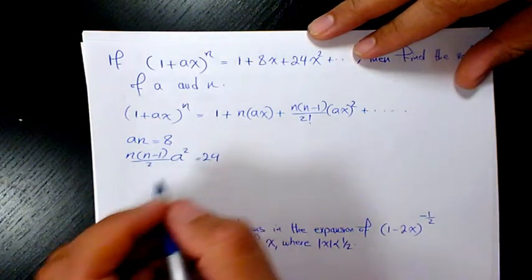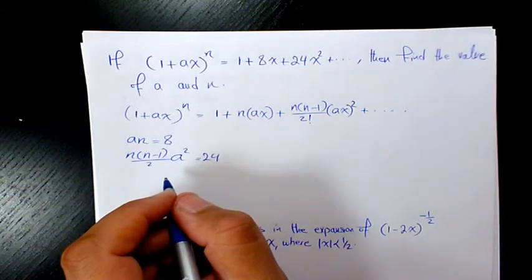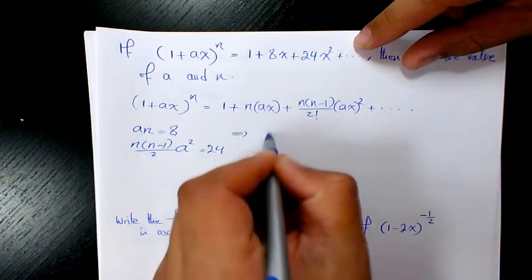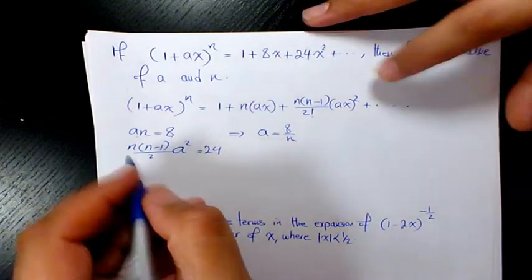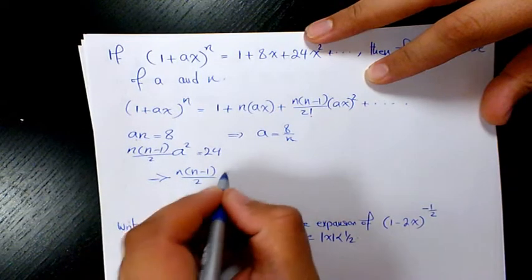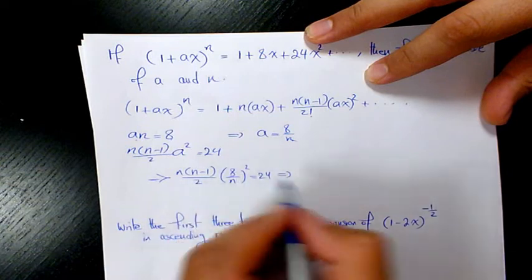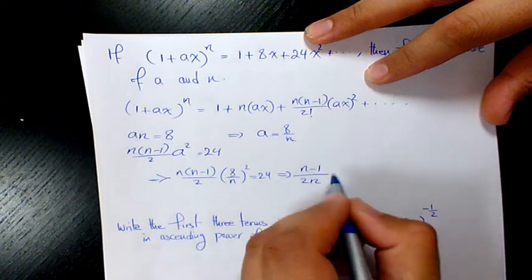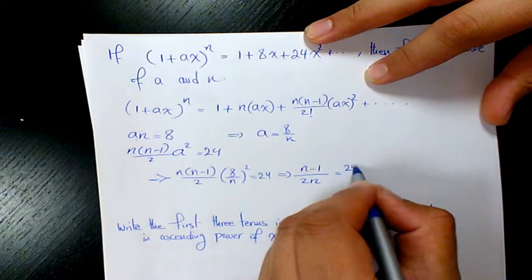So what we can do, for example, a times n is 8, so a is 8 over n. We sub it into the second one. We're going to say n times (n minus 1) over 2 times (8 over n) to the power of 2 equals 24. So then these cancel out, and it's going to be (n minus 1) over 2n equals 24 over 64.